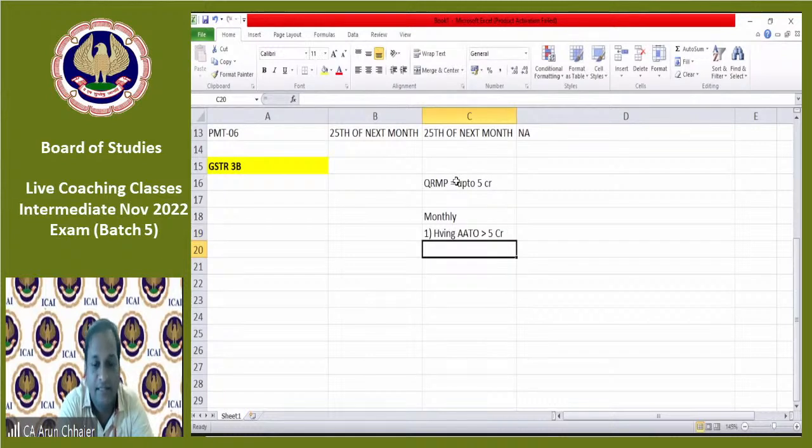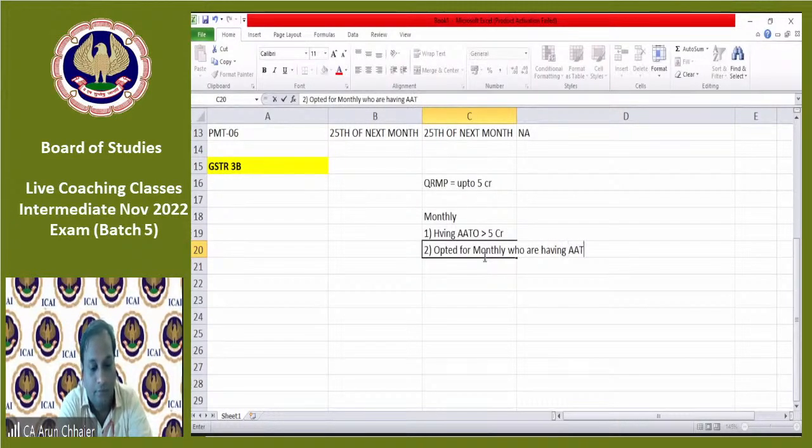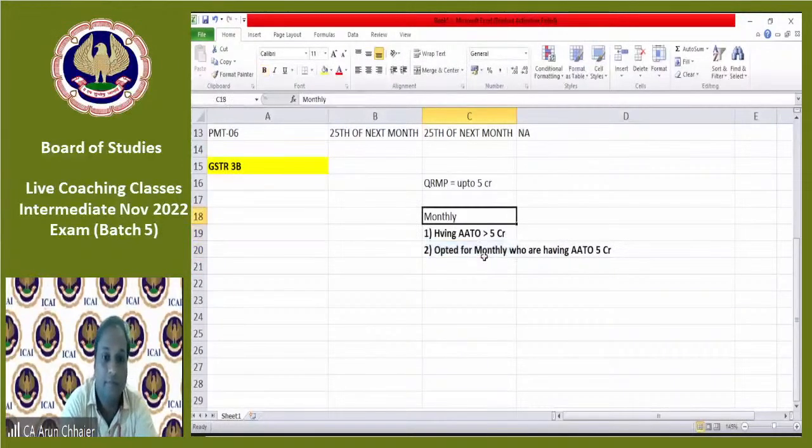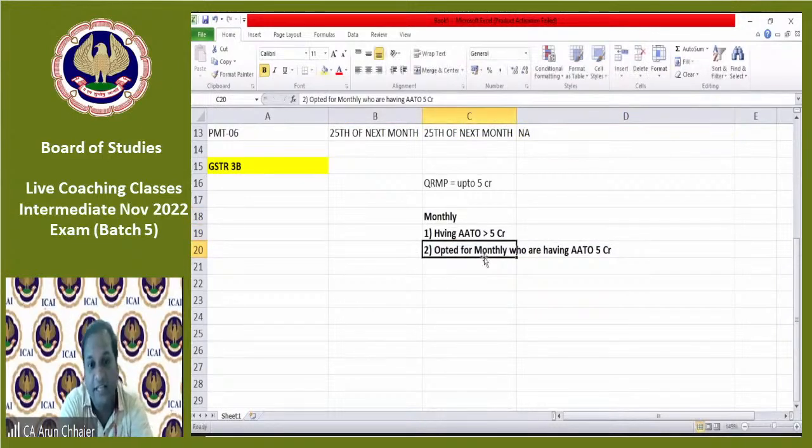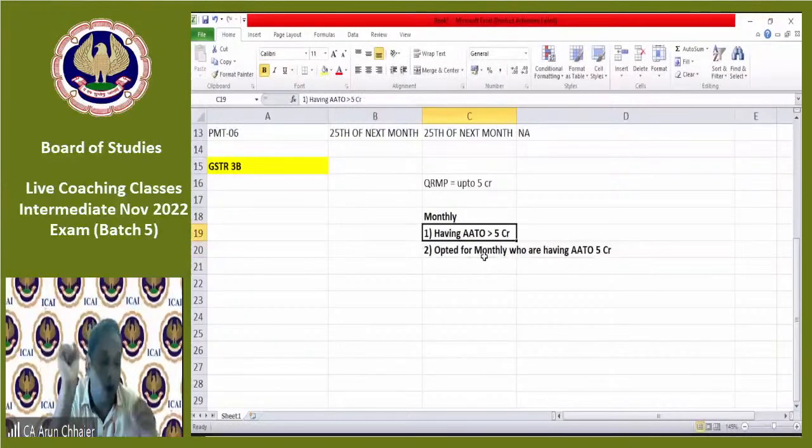Second, a person having aggregate turnover up to 5 crore who opted for monthly. Question is really good: who can opt QRMP?